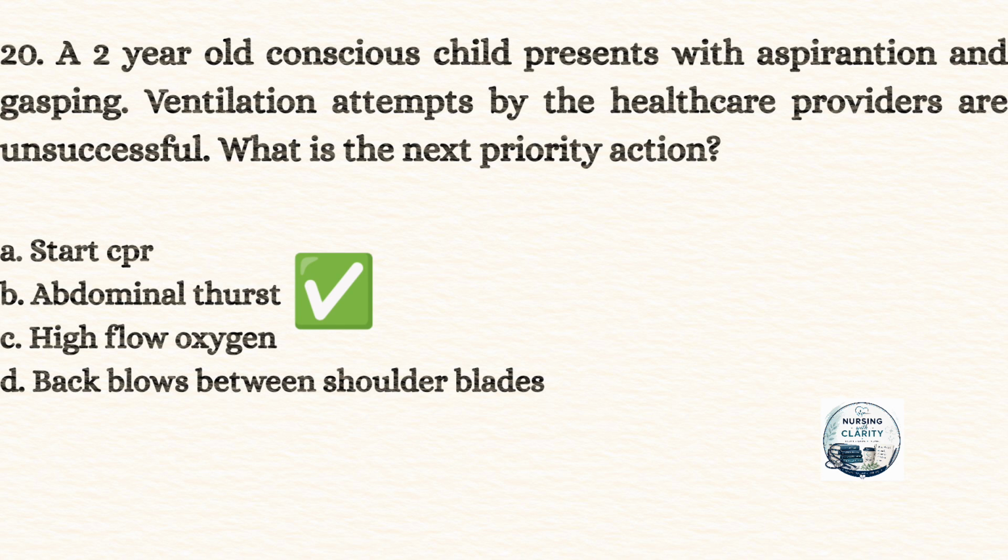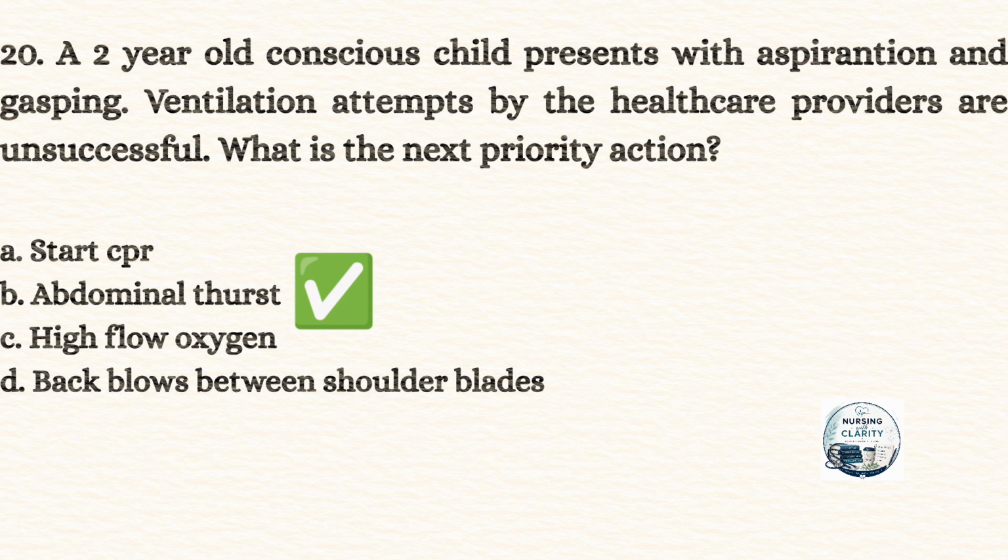Abdominal thrust. In a conscious child with suspected foreign body aspiration and ineffective ventilation, the priority is to relieve the airway obstruction. For infants less than 1 year, deliver 5 back blows followed by 5 chest thrusts. For children more than 1 year, use abdominal thrust, which is called the Heimlich maneuver, if the child is conscious and choking.